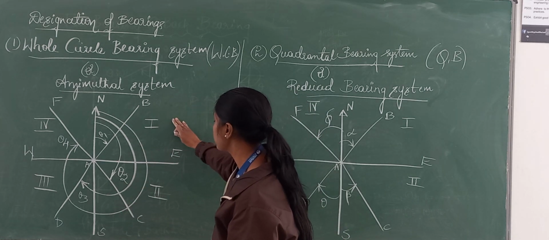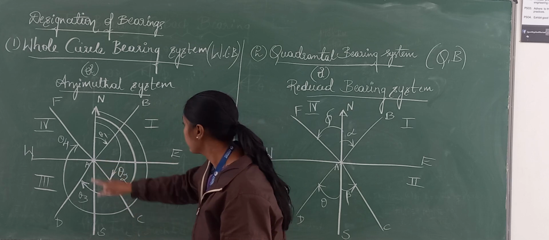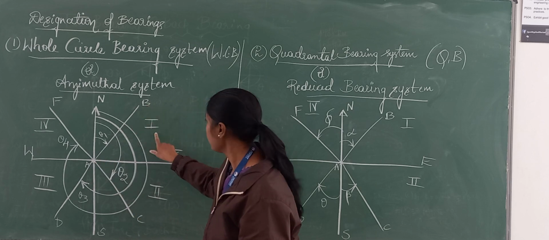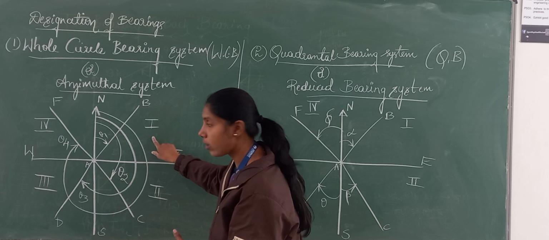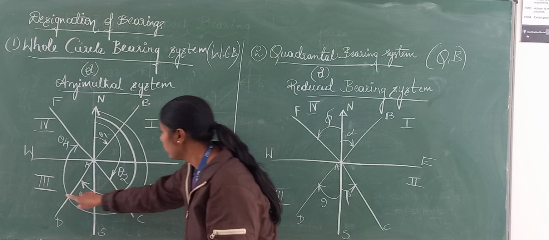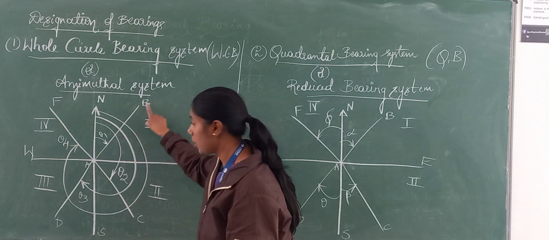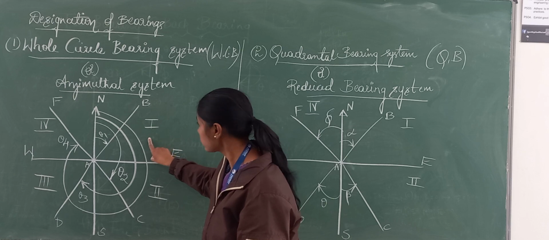See in the present figure, you can find four lines. Line AB is in the first quadrant. If you call this the first quadrant, this the second quadrant, this the third quadrant, and this the fourth quadrant, the line AB is in the first quadrant.